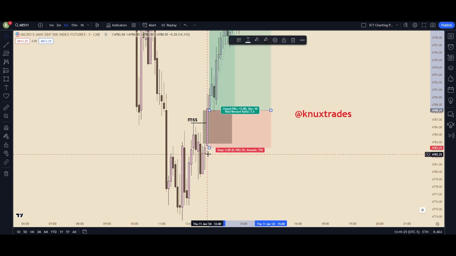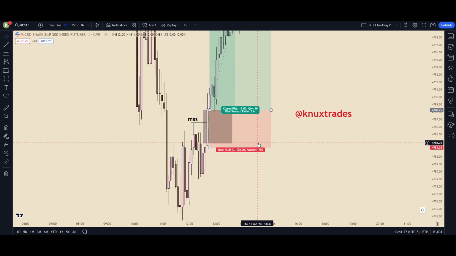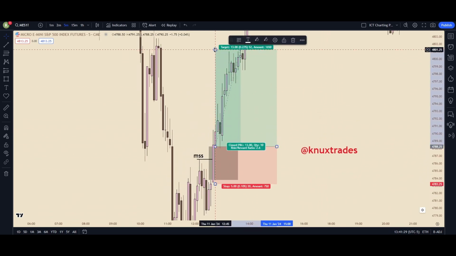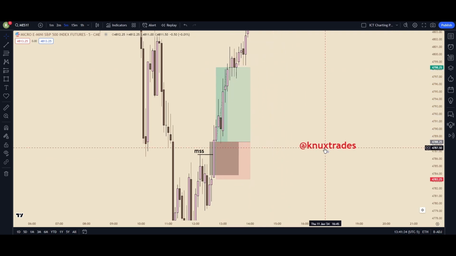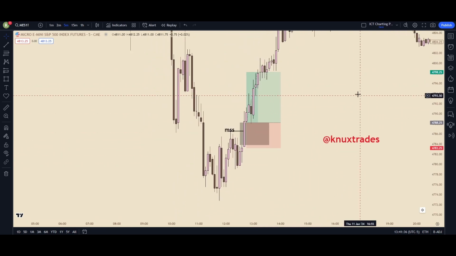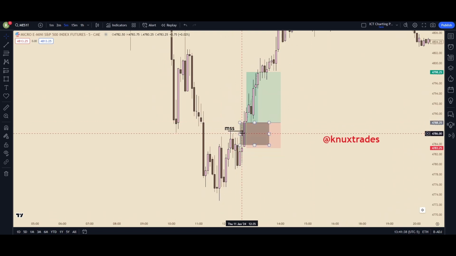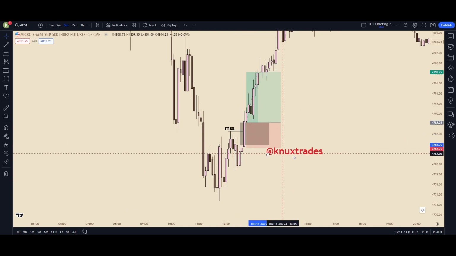It would have been below the candle that makes a fair value gap, which would have been okay. And then for A plus entries, we're going to write it up for 2RR. So that would have been a huge win right there. And again, this is an A plus entry because we have a close above the swing high, creating a market structure shift and then a fair value gap entry. So there's our A plus entry.